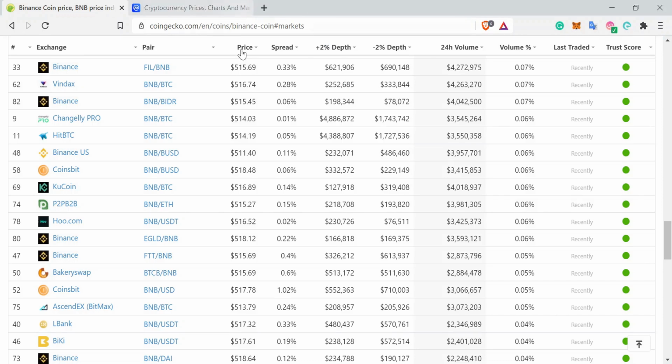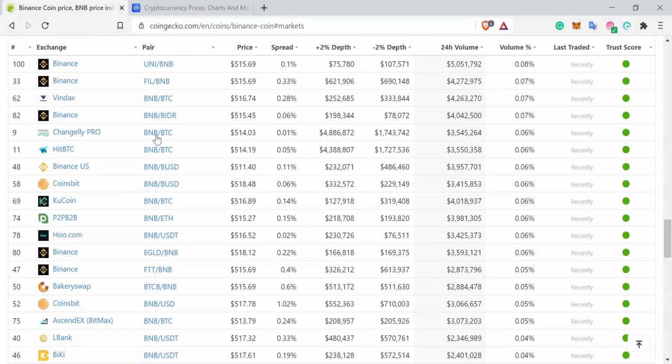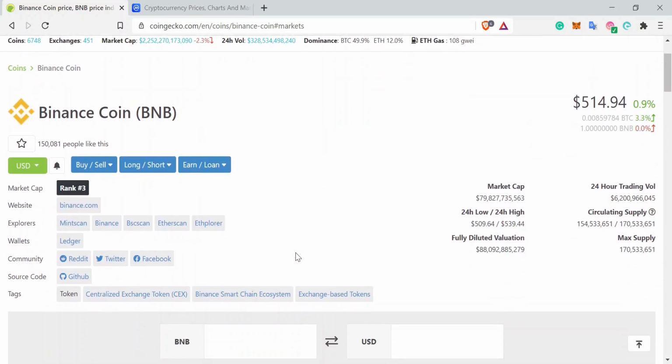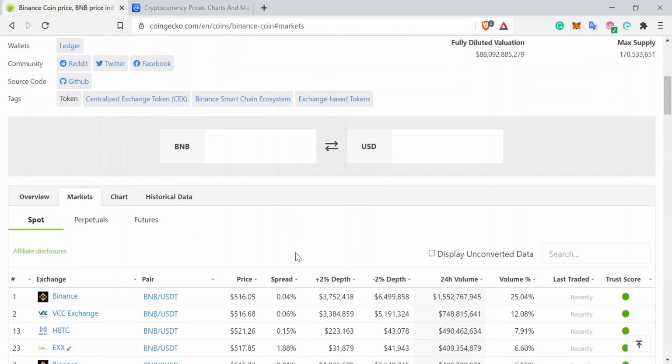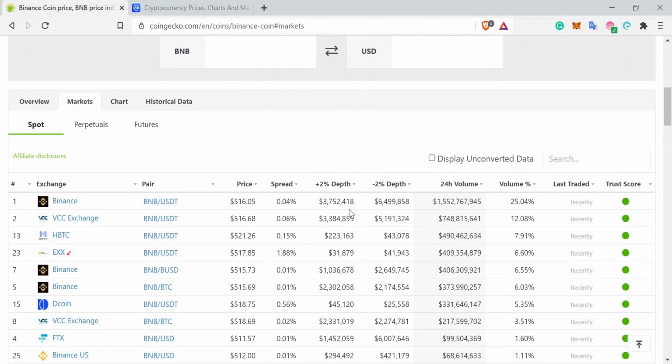Okay, so if you see a really attractive spread, for example this one here, BNB BTC 0.01, you would choose that one theoretically over the one that we just isolated, which was a lot higher than that. Okay, so you can make sure that you're paying the minimal fees, and you're also ensuring the liquidity is as high as possible for the token that you're actually looking to trade.